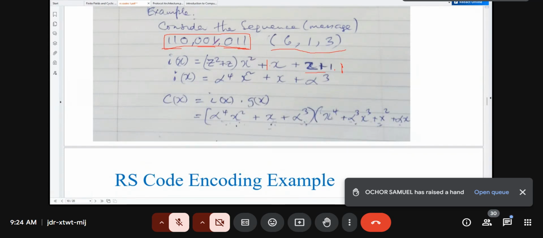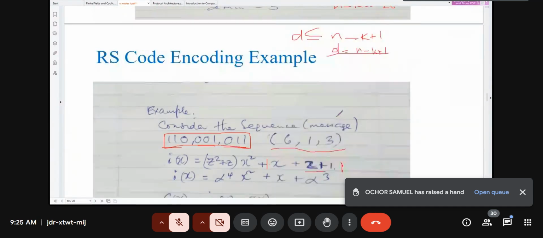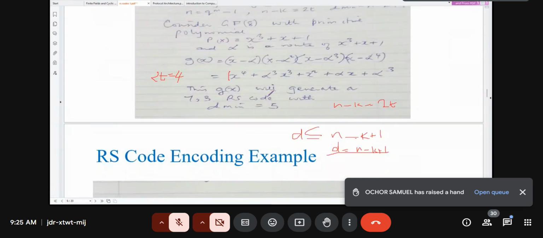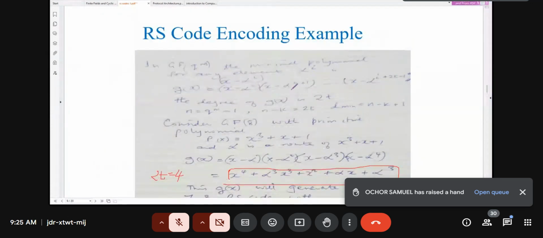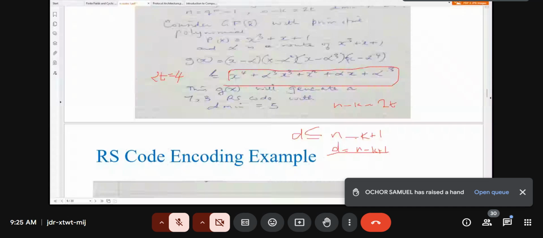So what you will transmit is what we are going to get using the generator polynomial, and this generator polynomial we had looked it up here. The generator polynomial is this one here. I think this is the one for the case where you want to correct 2 symbol errors.